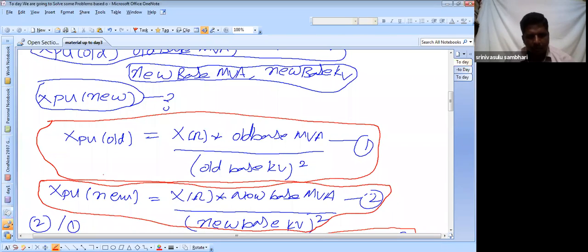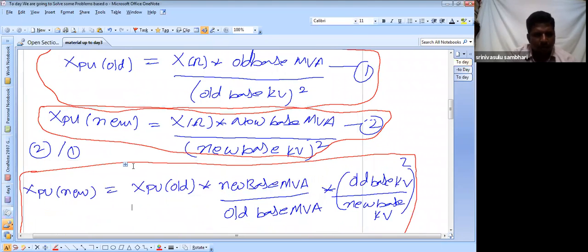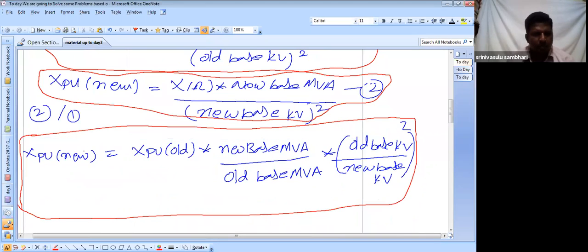Now these are two equations. We have to derive 2 by 1. After rearranging terms, we are getting this formula: X per unit new equal to X per unit old into new base MVA by old base MVA into old base kV by new base kV whole square.